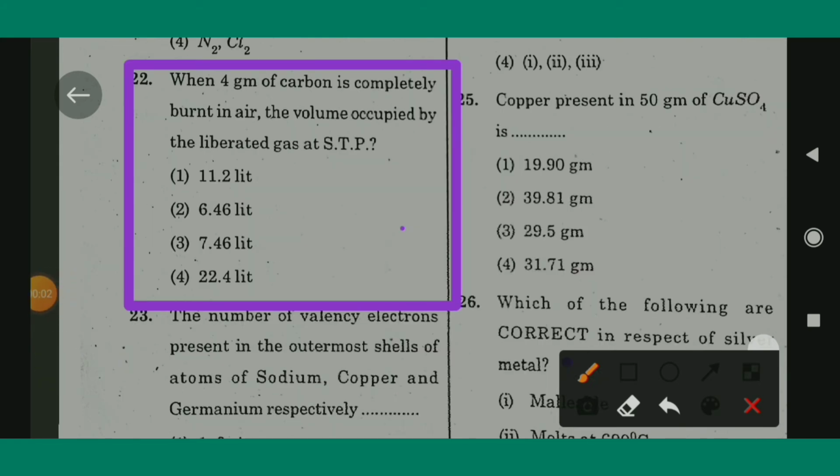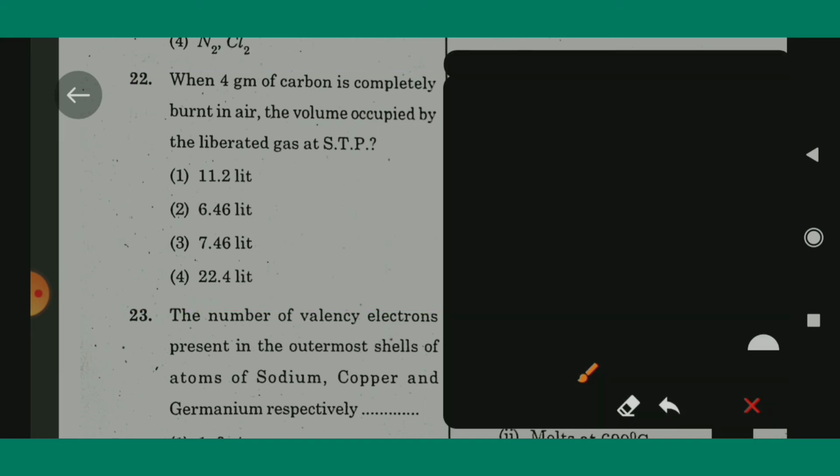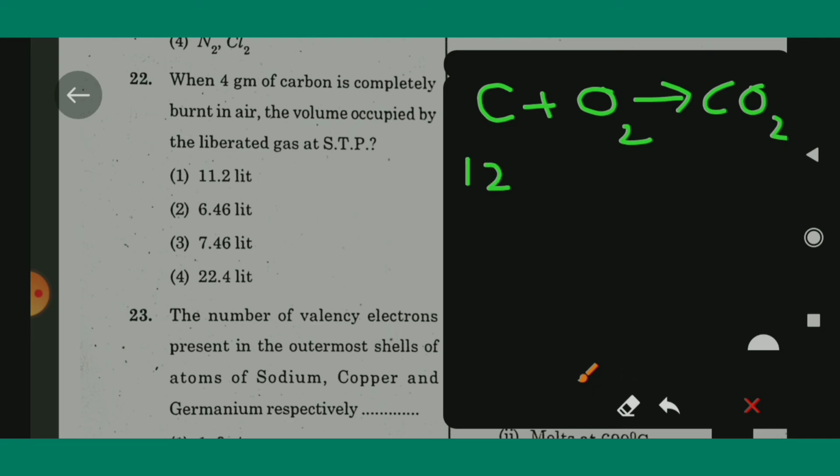And watch this bit: when 4 grams of carbon is completely burnt in air, the volume occupied by the liberated gas at STP. To do this problem, we have one equation, that is C plus O2 gives CO2. That means when carbon is reacted with oxygen, we get carbon dioxide, and according to weights, 12 grams of carbon reacts with 32 grams of oxygen to get 44 grams of carbon dioxide.